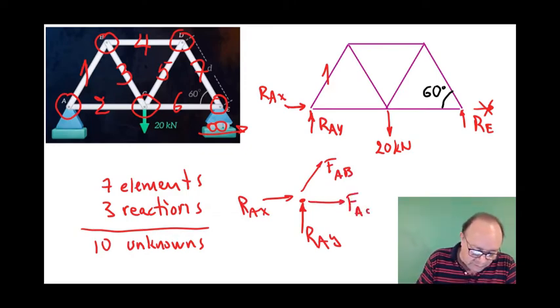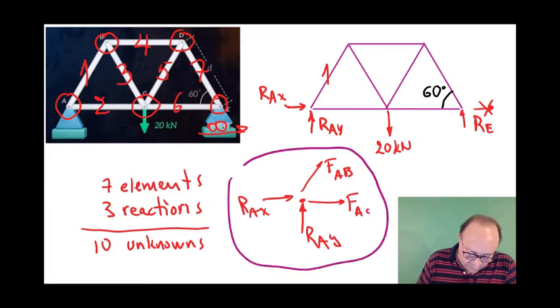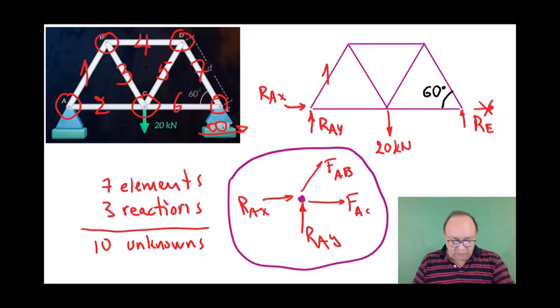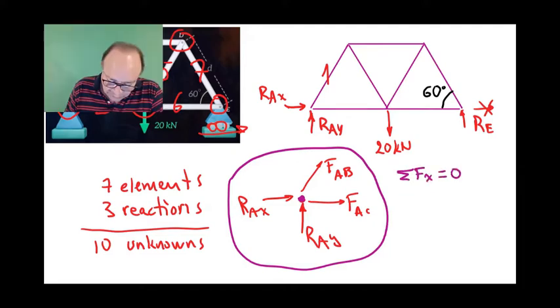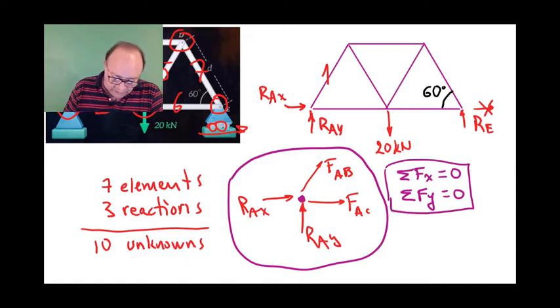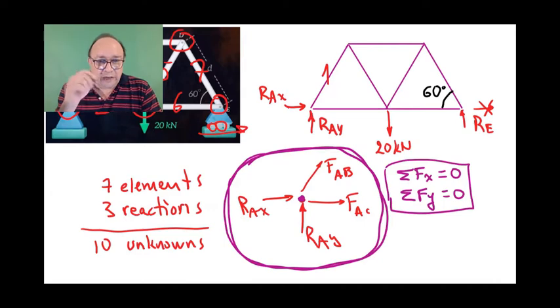So this joint here is considered a particle. As a particle, we already studied that you can apply two equations of equilibrium. Summation of forces in the x direction is equal to 0, and summation of forces in the y direction has to be equal to 0. Since you have only two equations, in each joint you can find two unknowns.